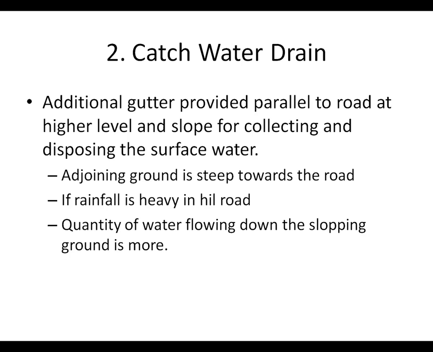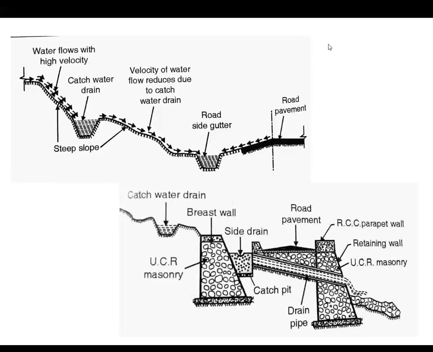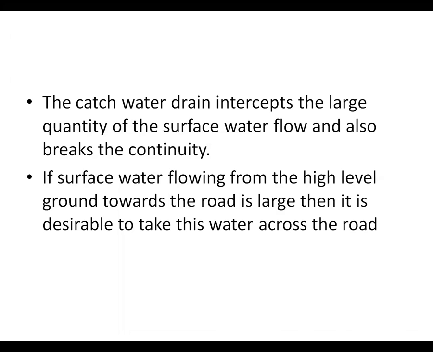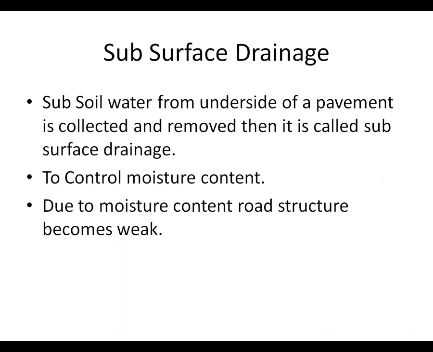So we have to provide an extra drain which cuts off the continuity and collects some amount of water, which reduces the load on the side gutter. This is known as a catch water drain. These are the figures for the catch water drain. We discussed this in the previous video, but just for recall, we are discussing it here.